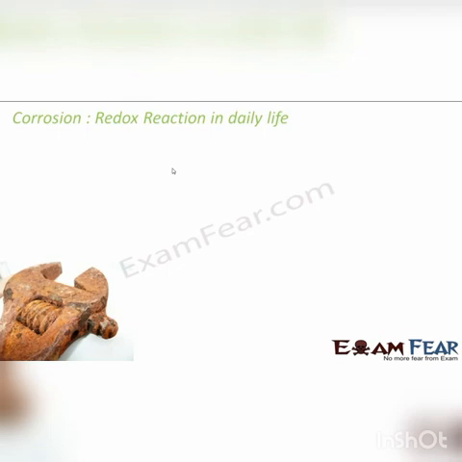Corrosion is an example of a redox reaction in daily life, where something gets corroded, right? It was a good looking object and it became rusted. The question is, why do you apply paint on an iron article? Because we don't want the iron to come in touch with oxygen.